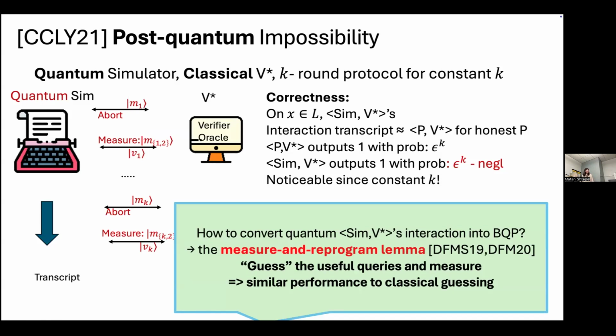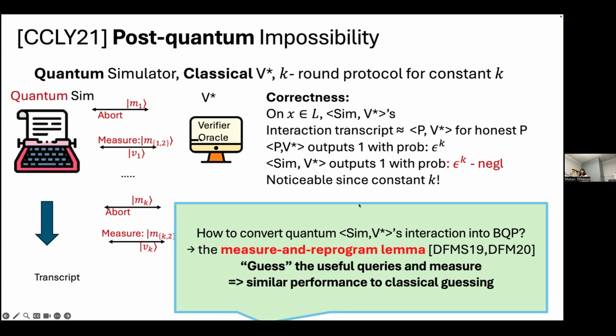Why does the analysis become harder? Because V star would abort on some randomly chosen messages, and maybe it decides to abort on M1 but not on M1 prime. So right now I am in a superposition of aborting and not aborting. What should we do? That's the tricky part in the analysis of the quantum setting.